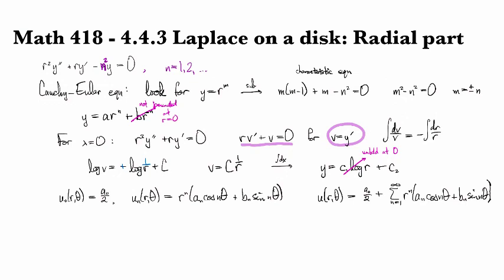And so using now the initial condition, f of theta is u of r, theta equal to a naught over 2 plus the sum from 1 to infinity of what we've just evaluated, with a capital R_n.